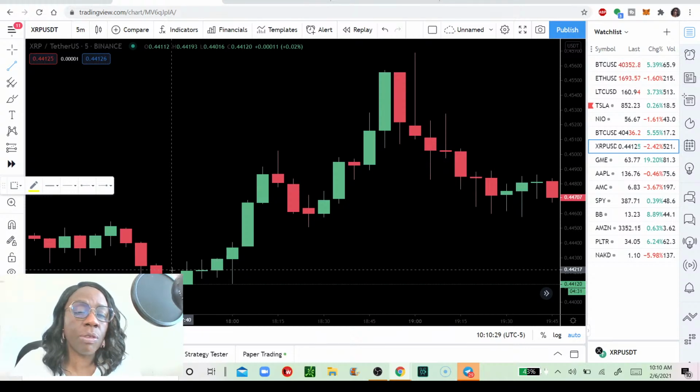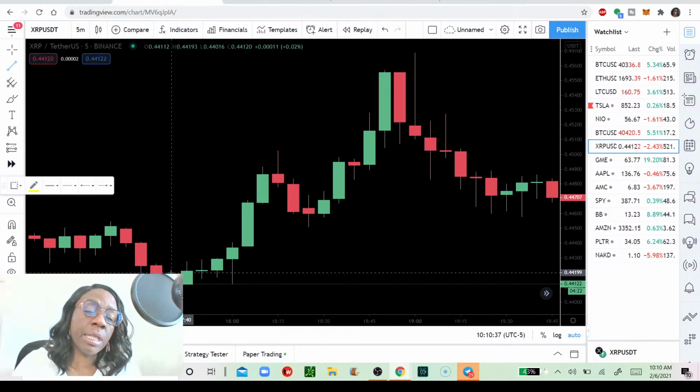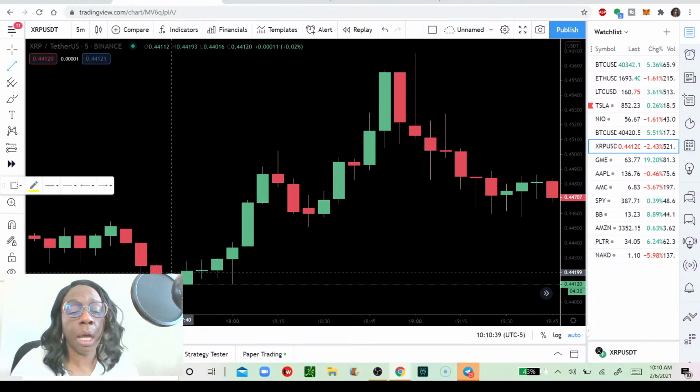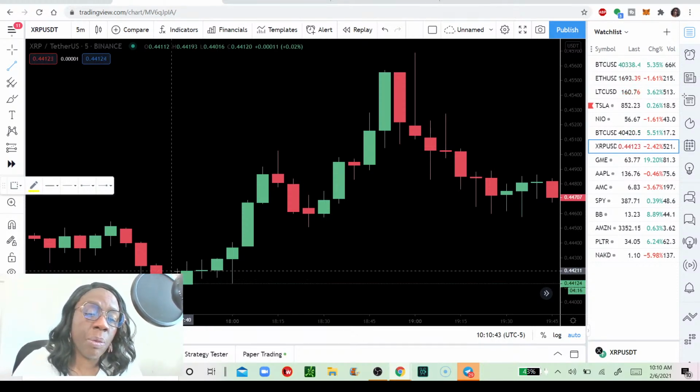I'm going to search for the swing highs. So the points at which, within this uptrending period, we had the higher price action. And we can see right here, I'm going to take it from the top of this wick. I could take it from the top of this wick.